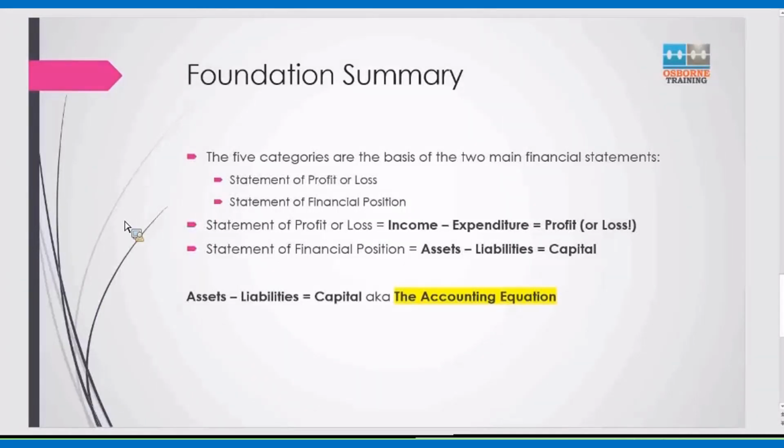The statement of profit or loss is built on the premise of income minus expenditure equals profit. But we could also experience a loss if we have spent more money than we have received. So I have just added that in there in brackets. And then our statement of financial position is based on the formula of assets minus liabilities equals capital. This sum and calculation is also known as the accounting equation.